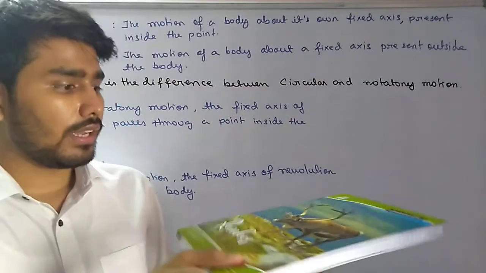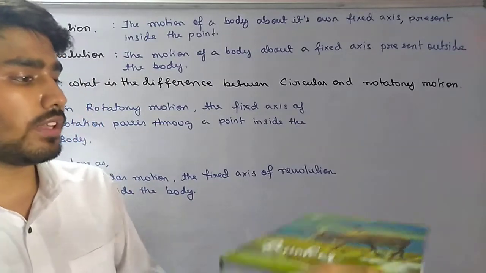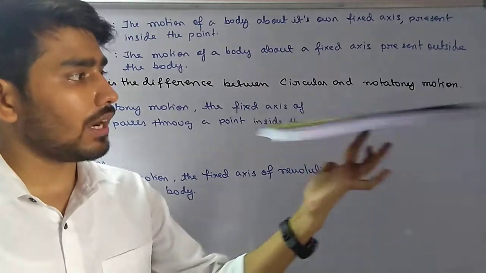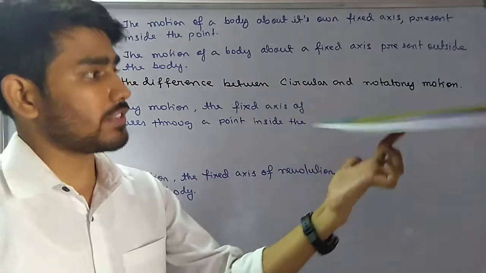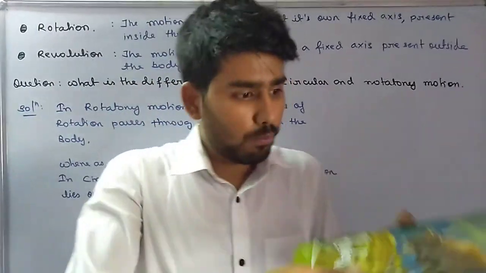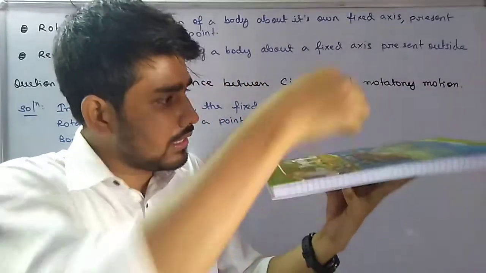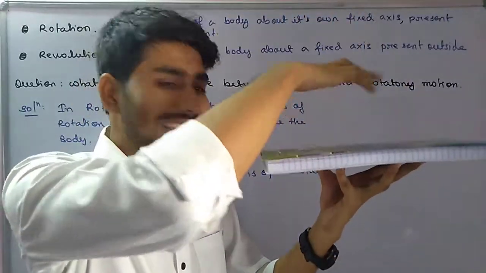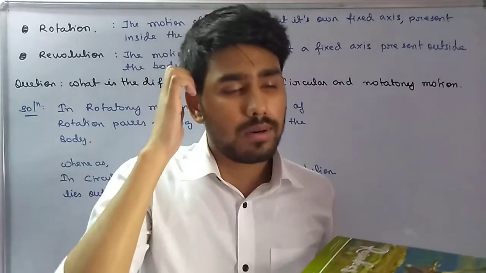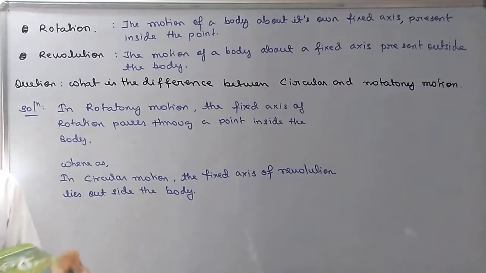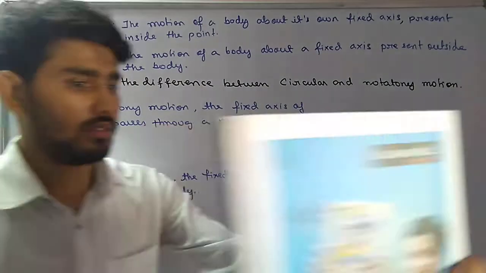If this is the book, if this book begins to move in this fashion, what is happening here? The body is rotating about a fixed axis which passes through the body. Is it fine? The body is rotating about a fixed axis which passes through the point which is present inside the book. But the same book can go like this also. Now please try to understand. See.